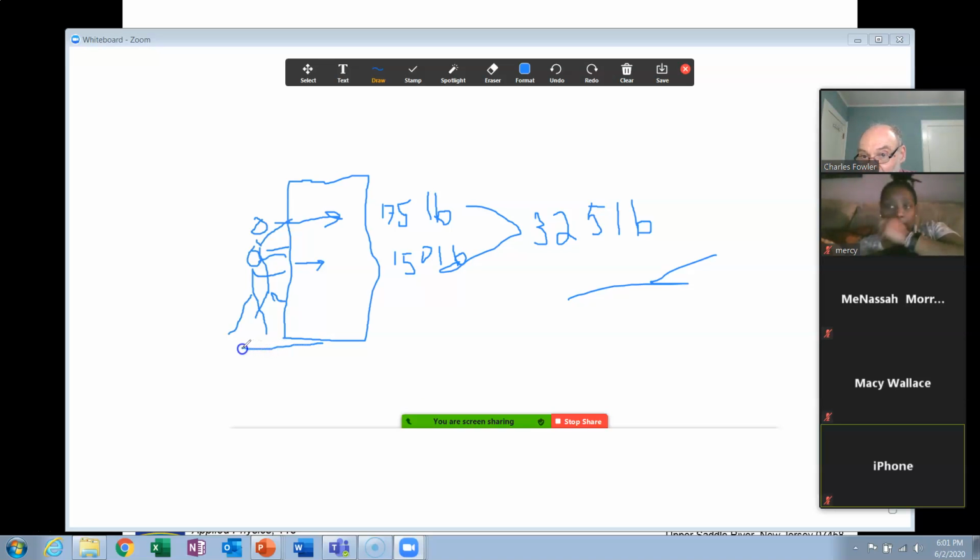Okay? So here is the frictional force to the left, and that's called F sub f. Capital F for force, little f for friction force. That's a subscript. And that frictional force is, they didn't tell us how they got it, they just said 300 pounds.